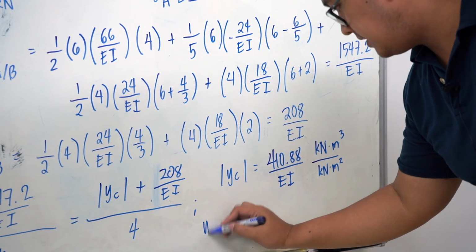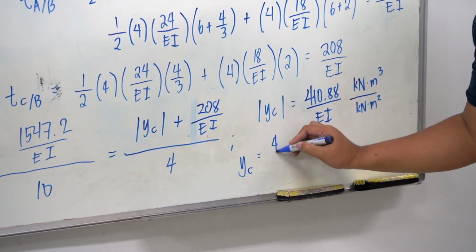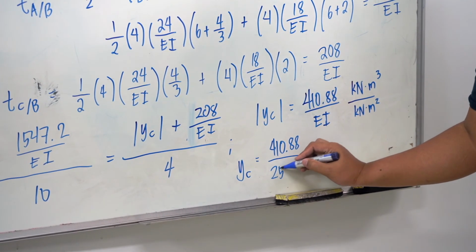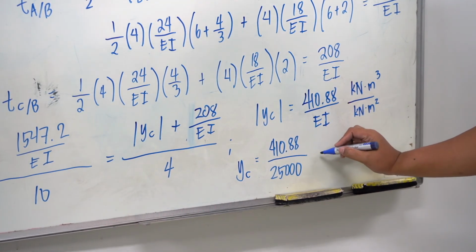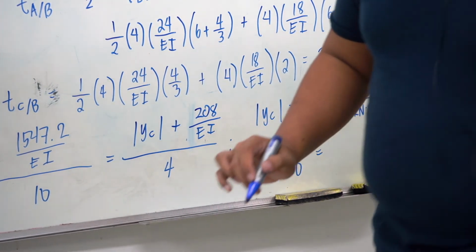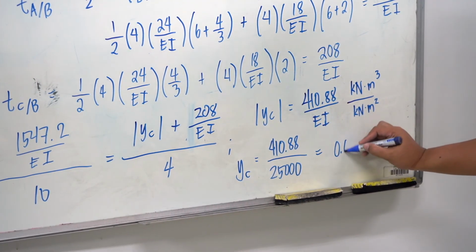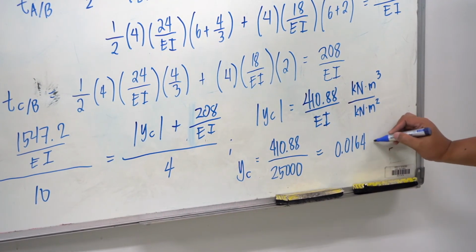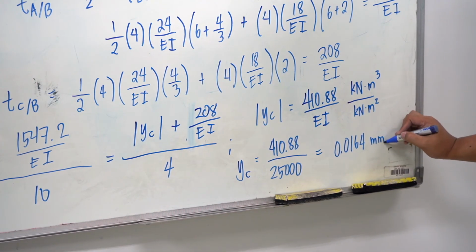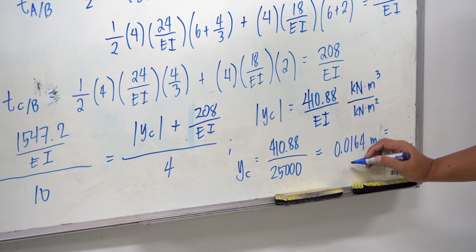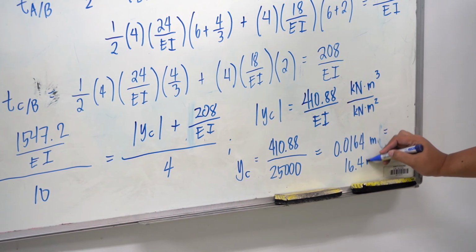So to get YC equals 410.88 over 25,000, what we will get is 0.0164 meters, or this is 16.4 millimeters.